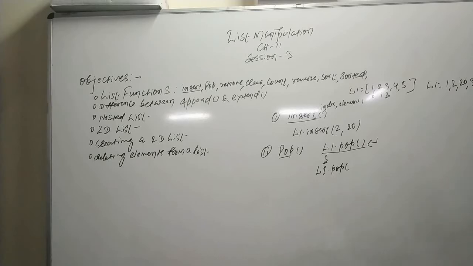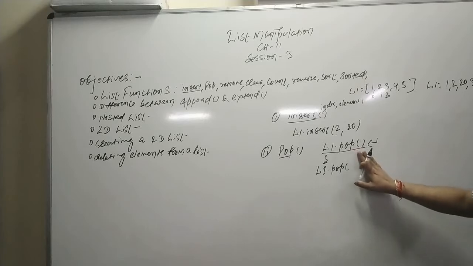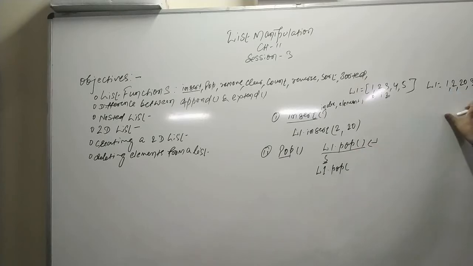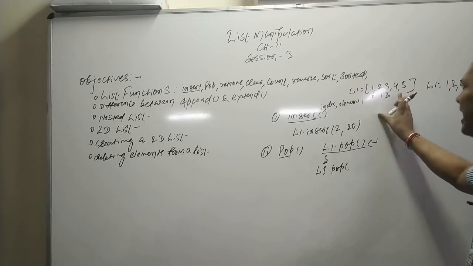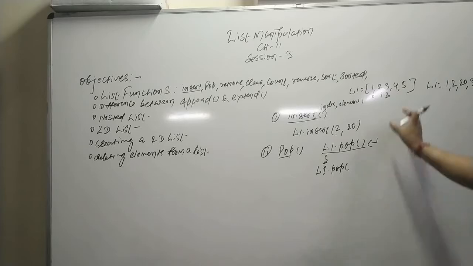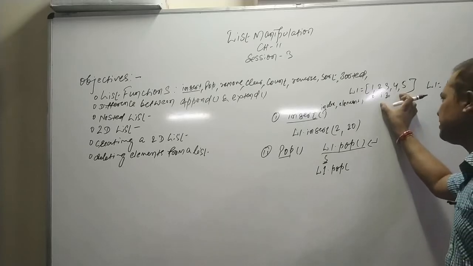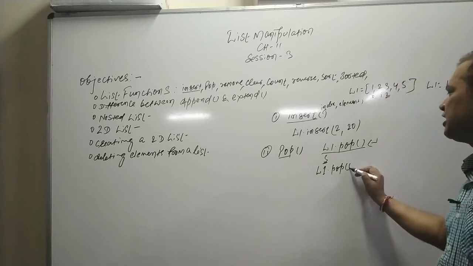One is you can mention the index position, whatever you want, and the other is without it. If I'm not using any index, it will delete the last element, and if I mention the index, it will delete the element at that index. For example, from L1 I want to delete the first element, that is index 0, so I can say 0.